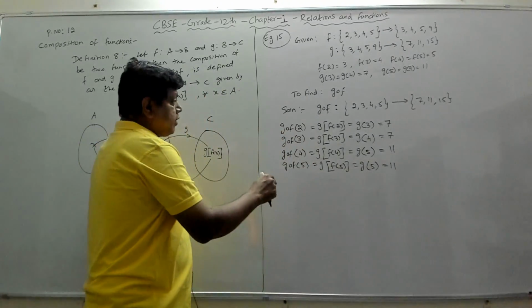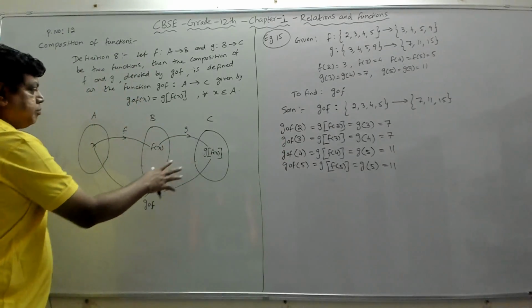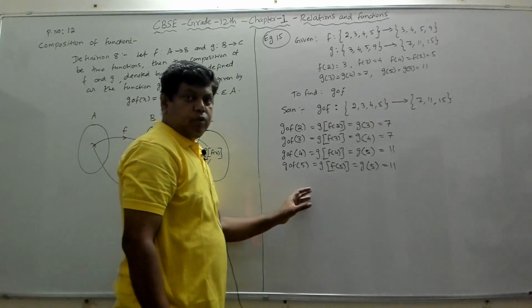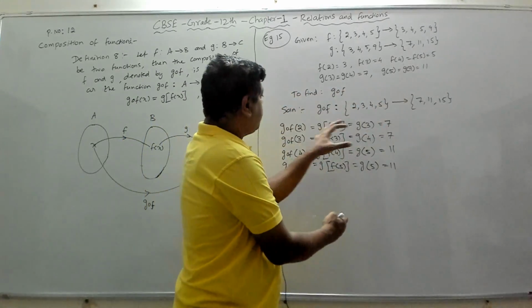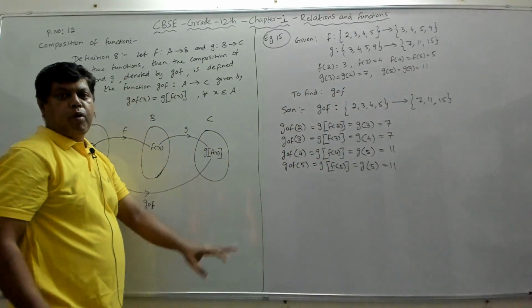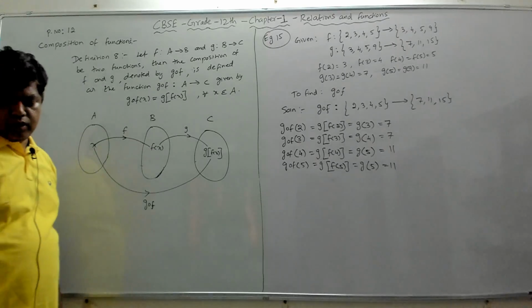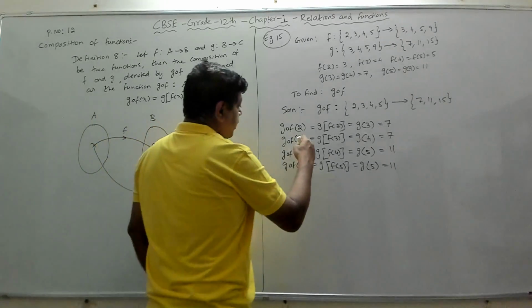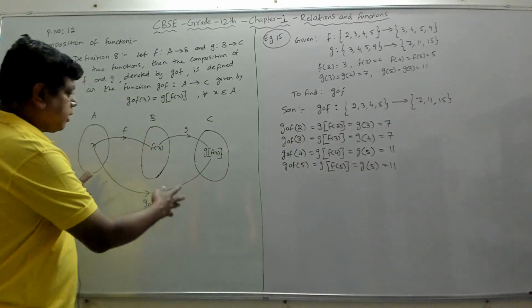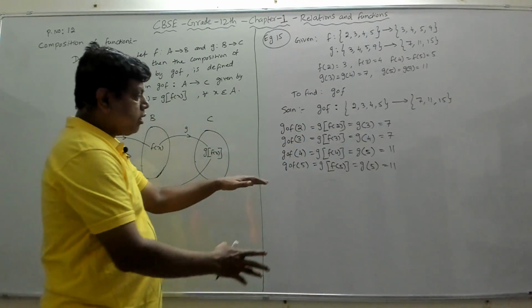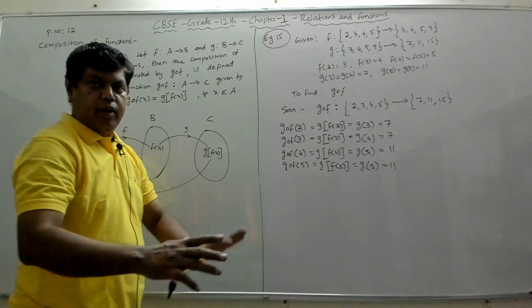Now probably I will try to explain this like a diagram. Your problem ends here. As long as you have found the function defined by this, your problem ends here, right? But I will try to explain this in terms of an arrow diagram, just for your understanding. You need not do this arrow diagram part in your examination.